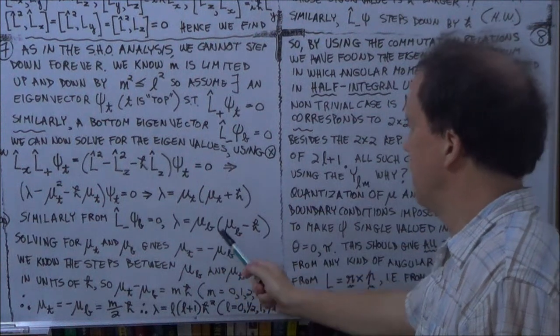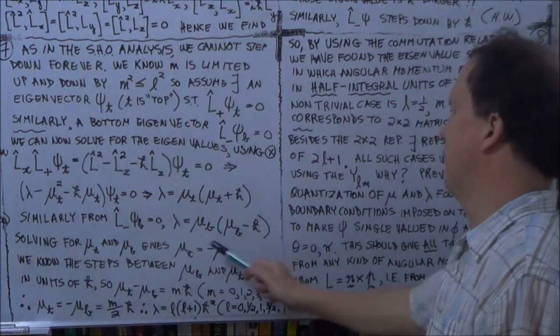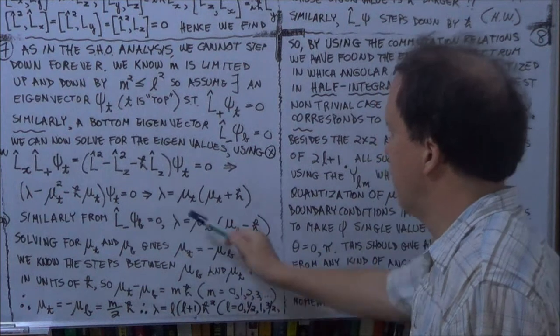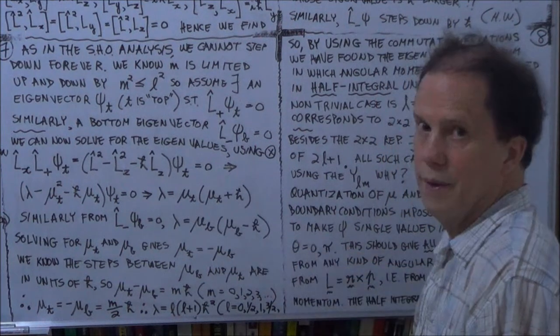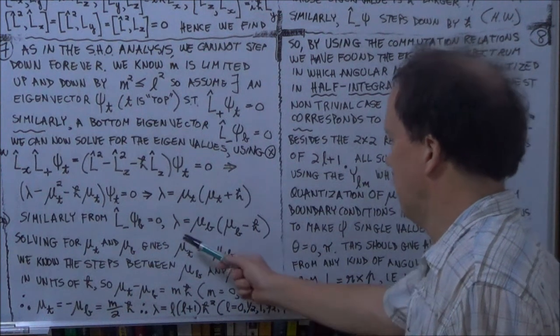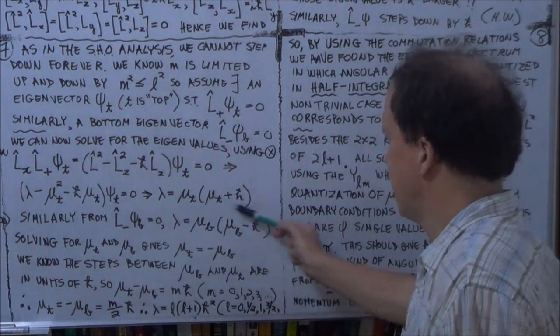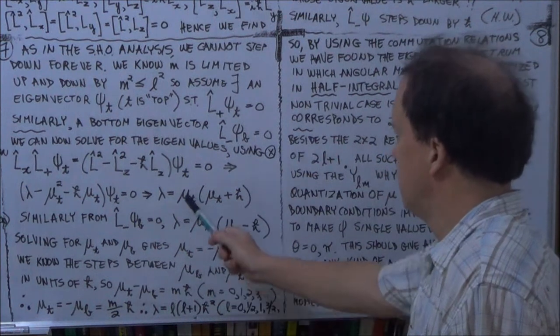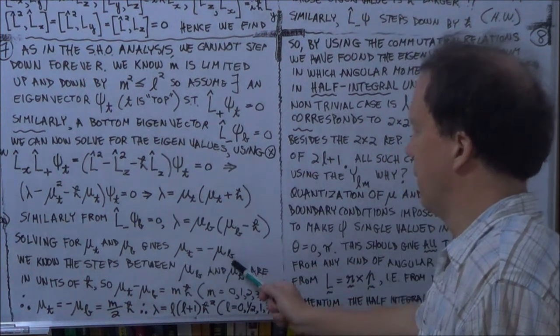So you have mu b into mu b minus h bar. But they're both the same lambda, and therefore this equals that. Now, if this equals that, then mu t is equal to minus mu b.